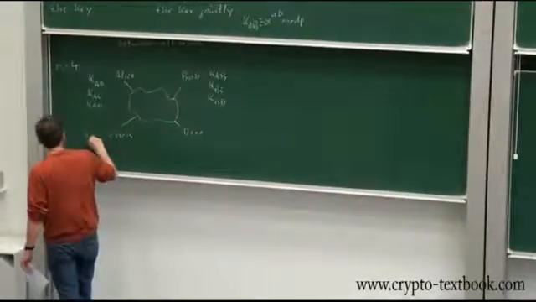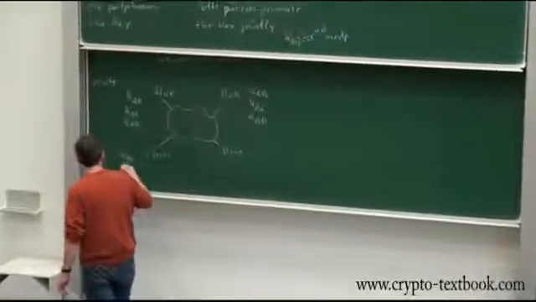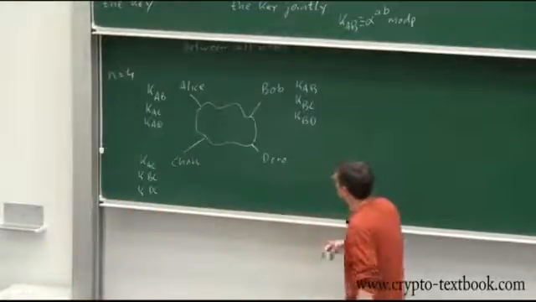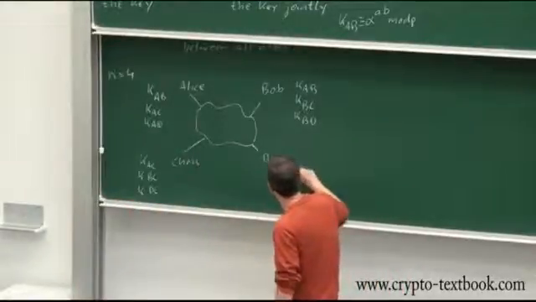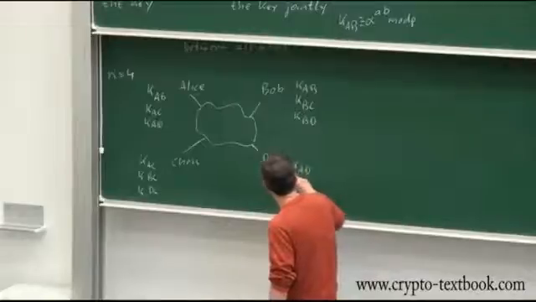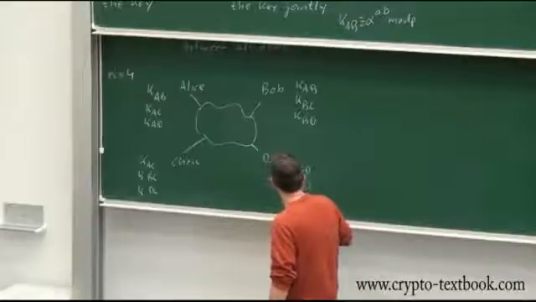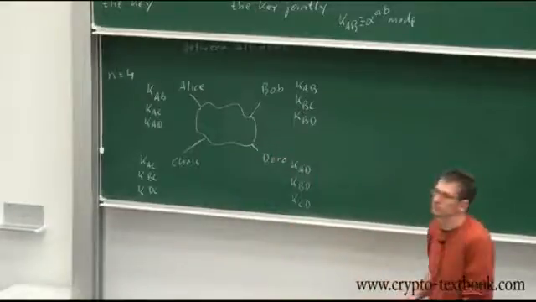Chris gets the keys KAC, KBC, and KDC. Similarly, Doro gets also 3 keys, namely the key she shares with Alice, the key she shares with Bob, and the key she shares with Chris.